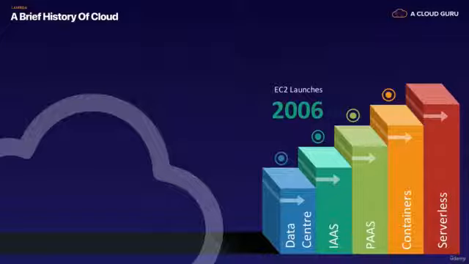And then Amazon came in and launched EC2 in 2006, and suddenly you could provision virtual machines just using a simple API call. You could have a machine ready in minutes, and it completely changed the entire game. Public clouds started becoming bigger and bigger.